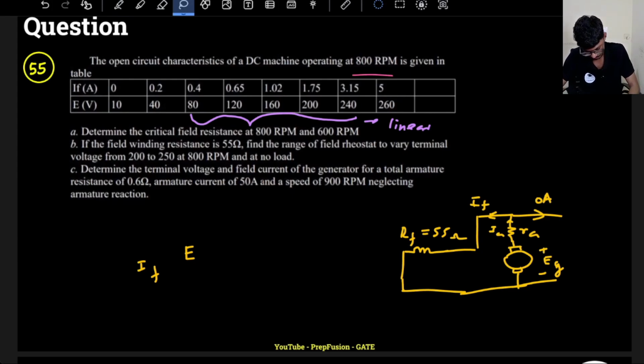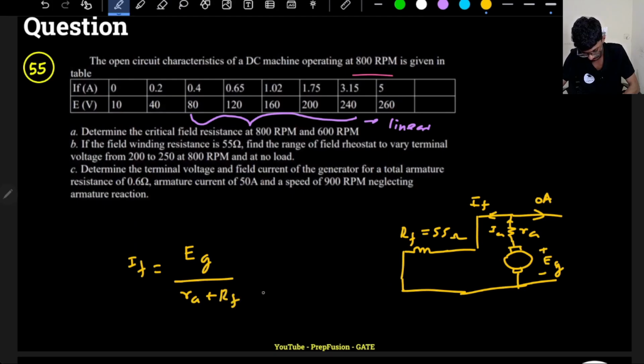Now the important portion is, IF will be equal to what? IF will be equal to EG by RA plus capital RF.